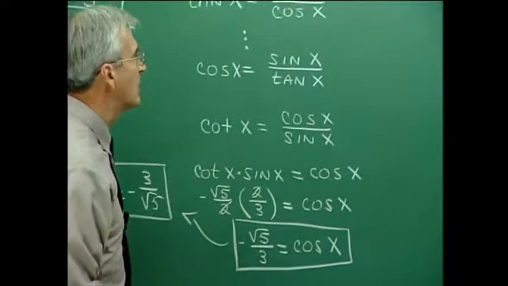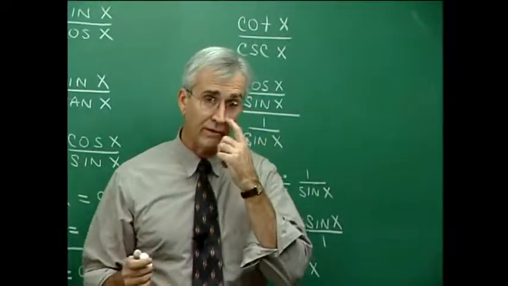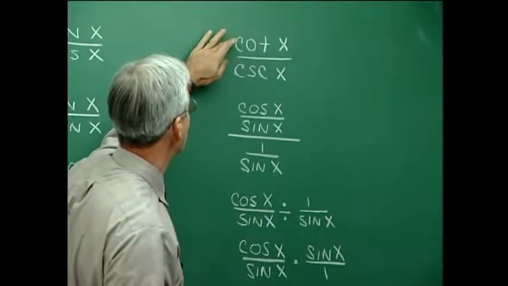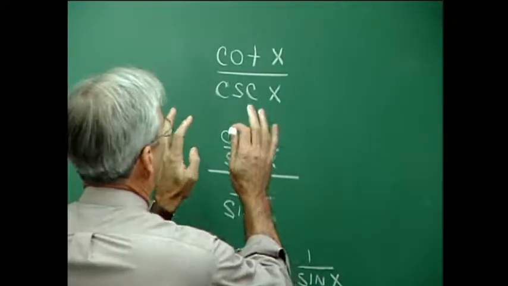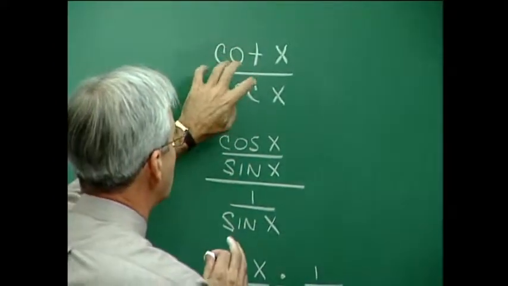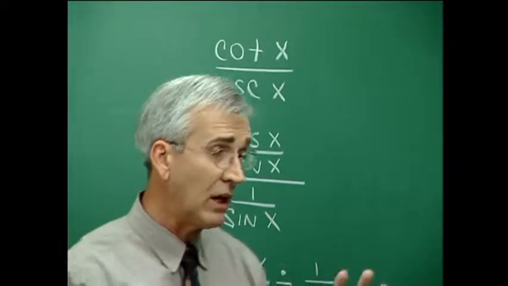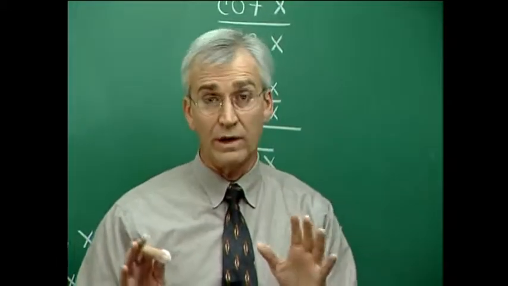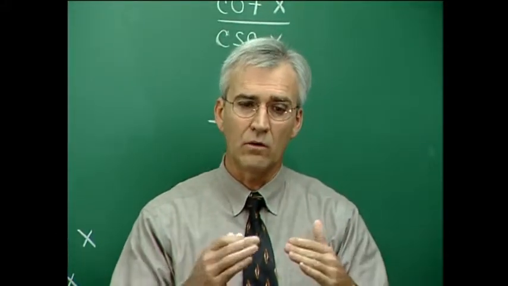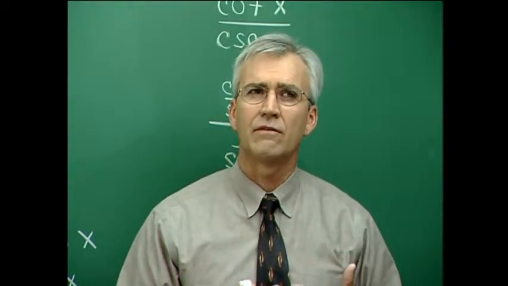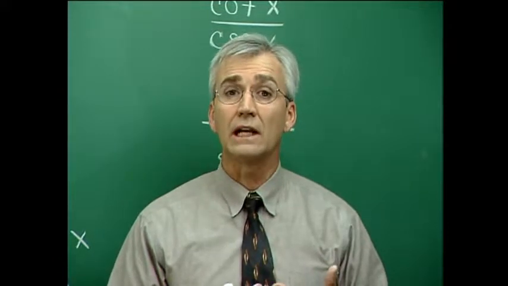Take a look at this situation. This is just another manipulation in a string of them. If we have cotangent x over cosecant x, we sometimes can rewrite these fractions, or any relationships that we see in various problems involving expressions or equations a little bit later, in such a way that we express our fractions in terms of sine and cosine, because sine and cosine are a little easier to deal with.